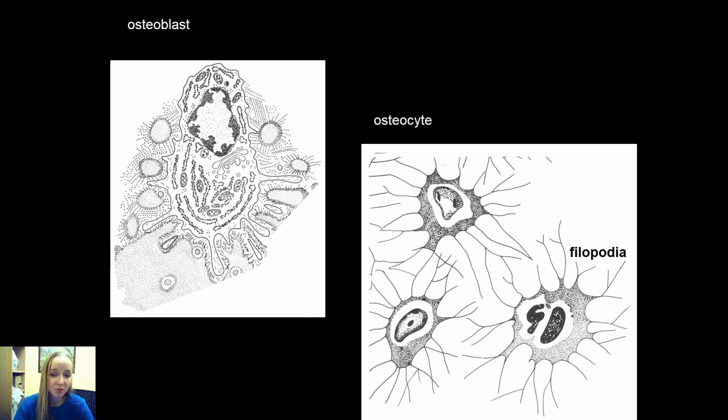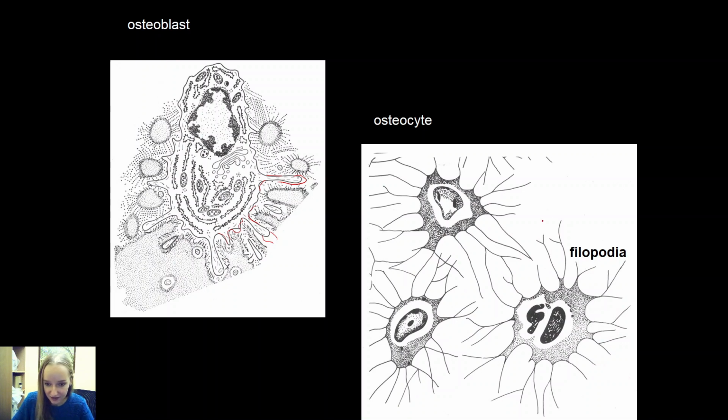Yeah, and these are some pictures of osteoblasts. We can see there is a brighter or lighter nucleus in the osteoblast because this osteoblast is more active. There are some protrusions going outside, we can see it right here. And osteocytes have a darker nucleus right here. They are embedded in the intercellular mass.